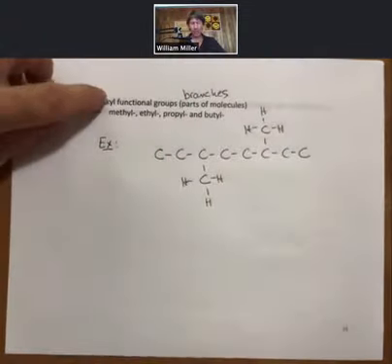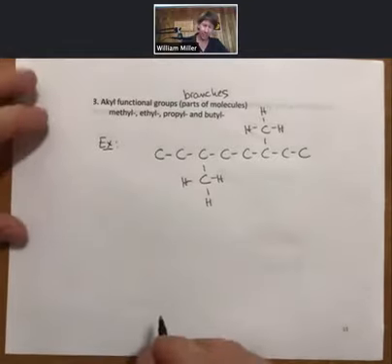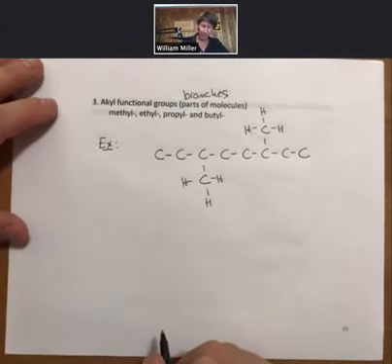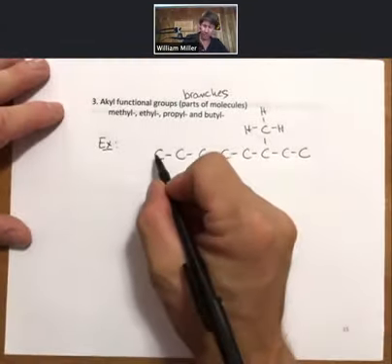Those are what are called alkyl functional groups. They're branches or parts of a molecule off of what's considered the backbone.